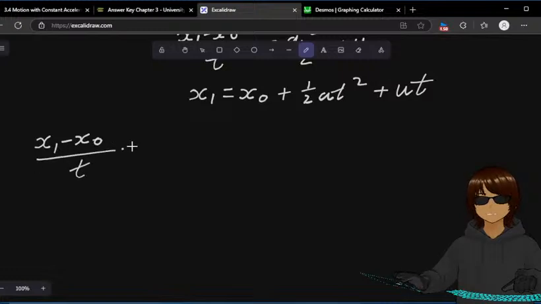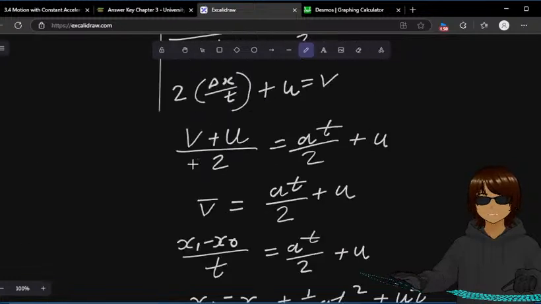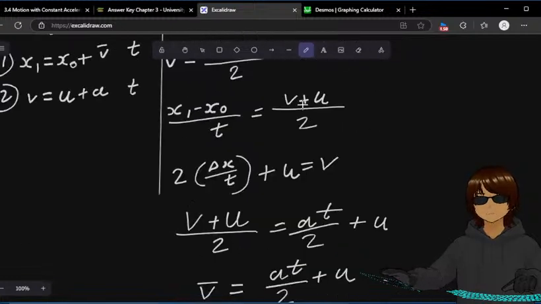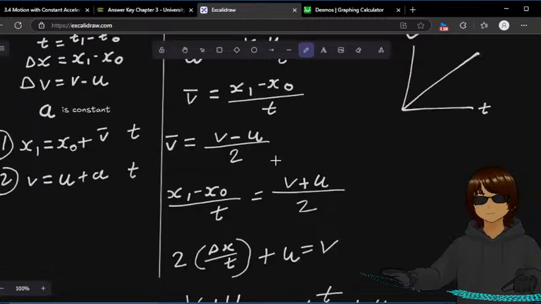This is average velocity. This is also average velocity. That should be a plus. No, hold on, wrong about this. This should be a minus.